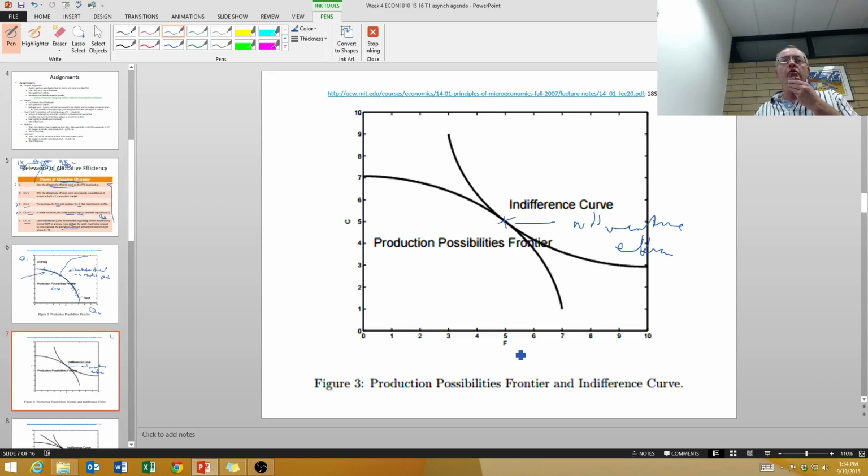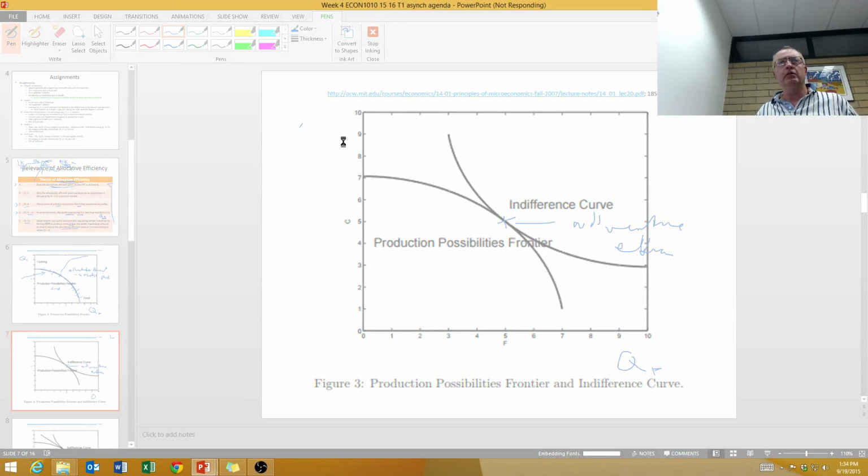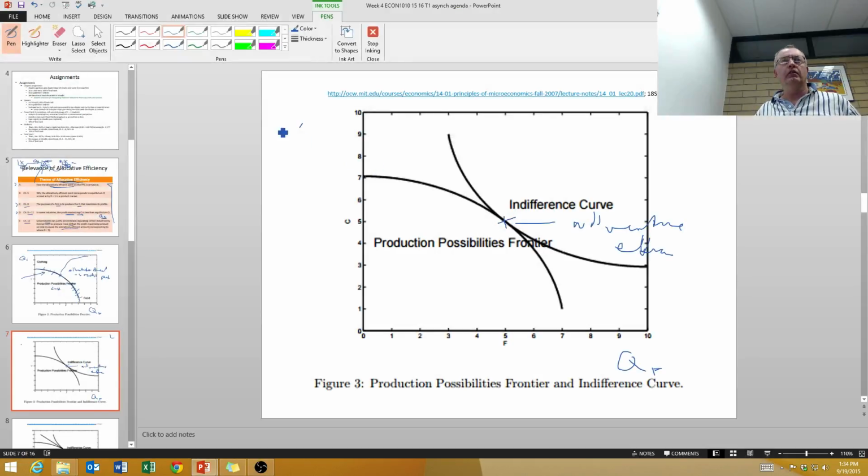So the production possibilities curve is comprised of these two quantities: quantity of food on the bottom, and quantity of clothing on the y-axis.